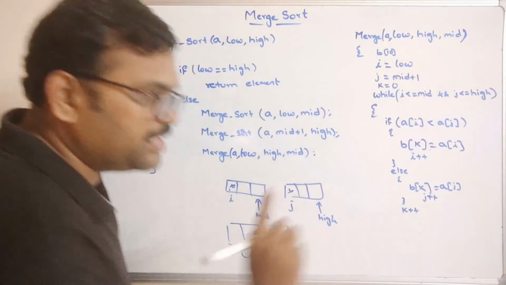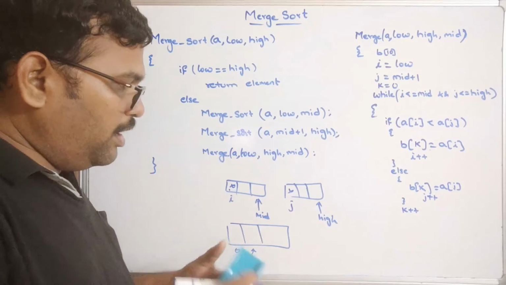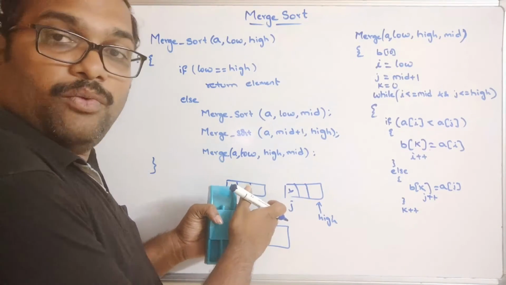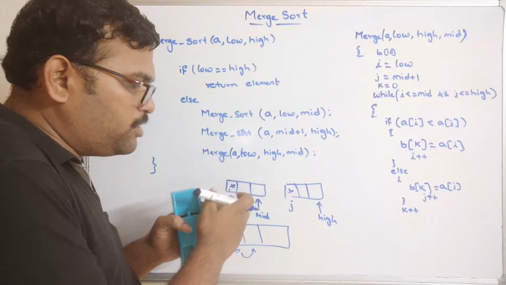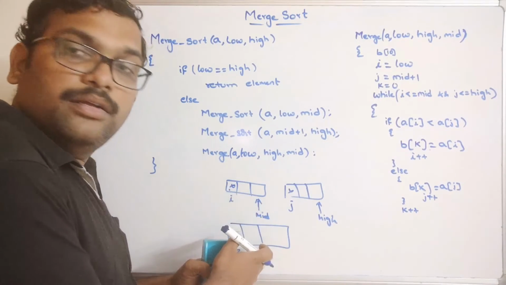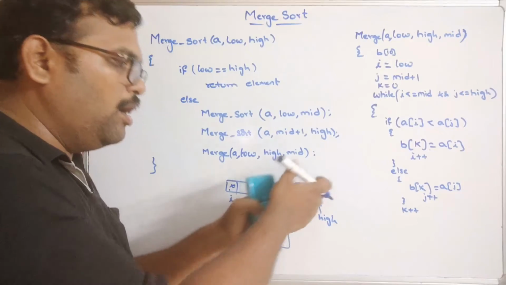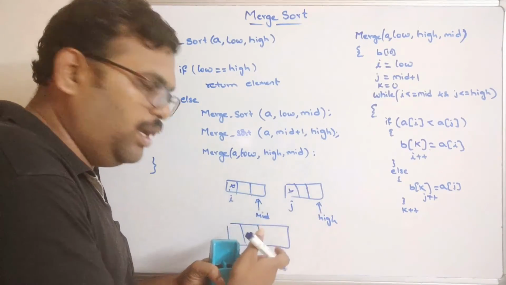Once all this is done and it reaches here, what happens? We have to move all the elements of the first array to the new array, or all the elements of the second array to the new array.